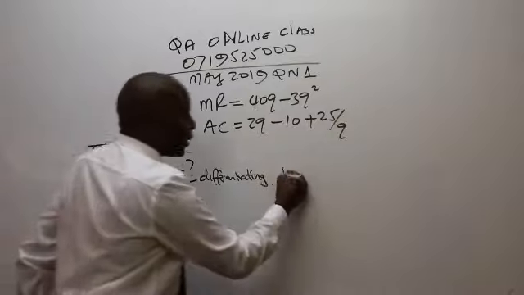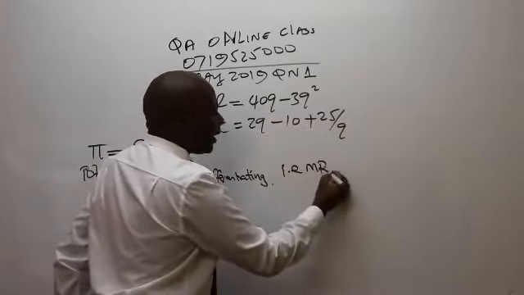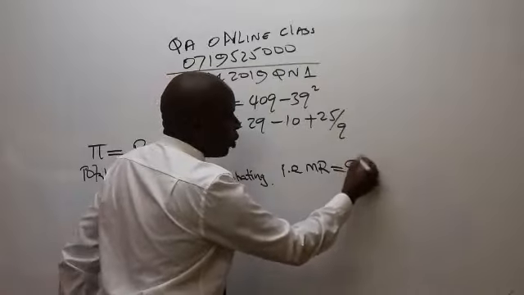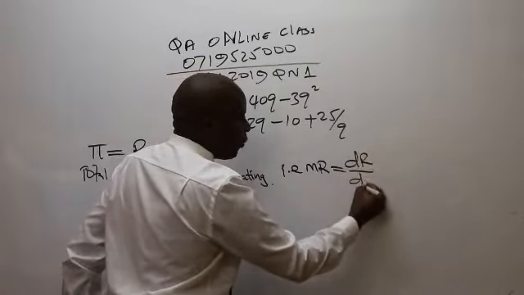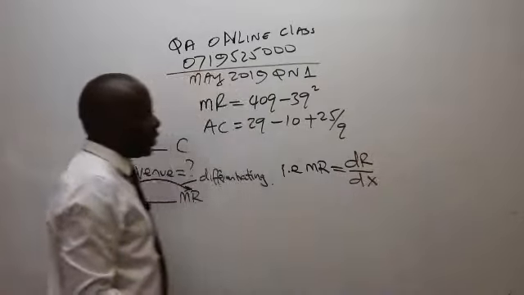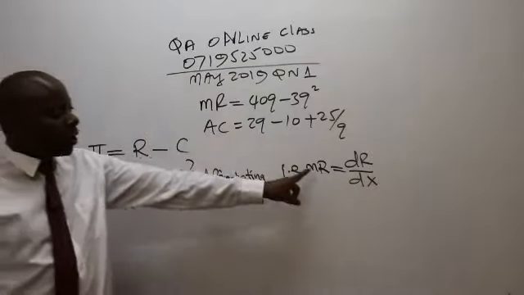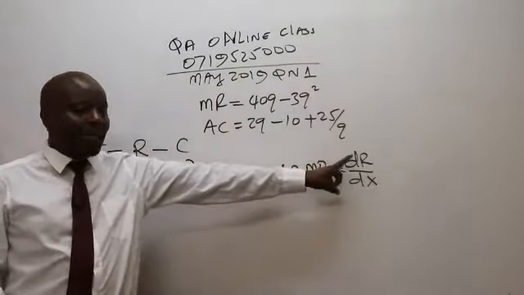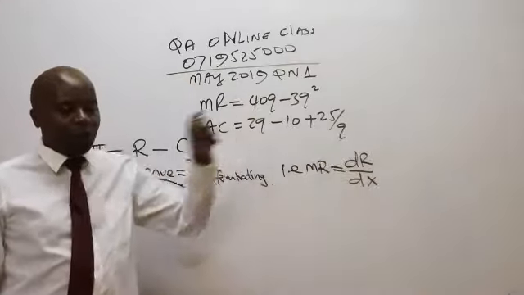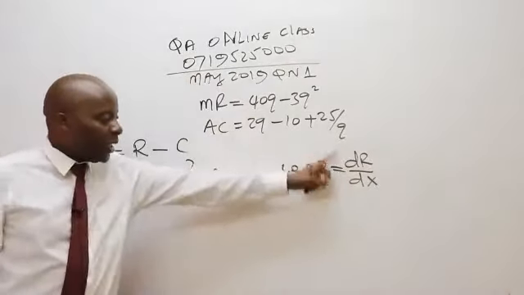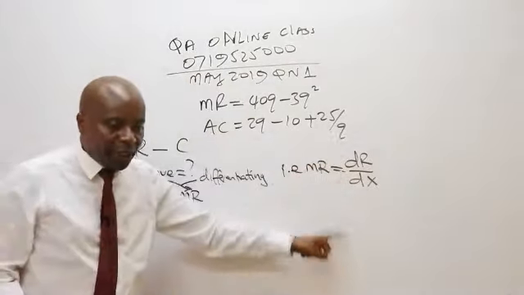Very important, our marginal revenue will be equal to change in revenue all over change in X. To get marginal revenue, we normally differentiate the revenue function. This means gradient, this means differentiating.